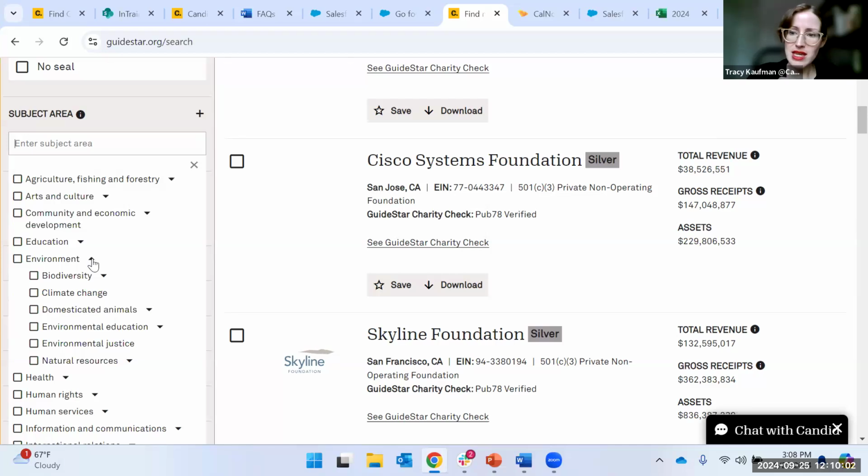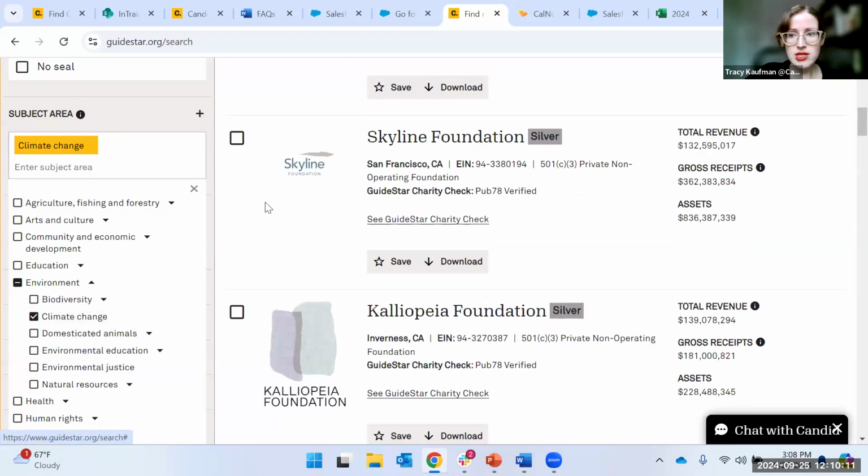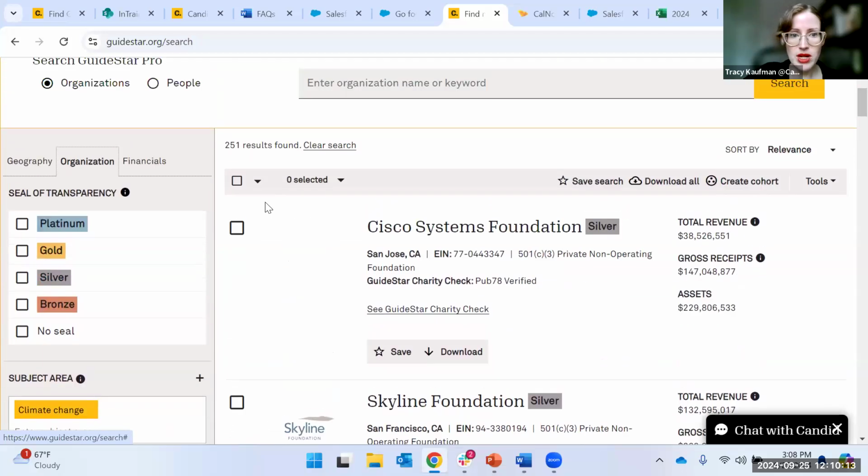And we're trying to get at the intersection of our goals. Maybe you do something related to climate change. Who are the climate change organizations operating in California? We have 251 of them. You could narrow it down further from there if you wanted, maybe one specific part of the state or budget level, whatever you want to do.